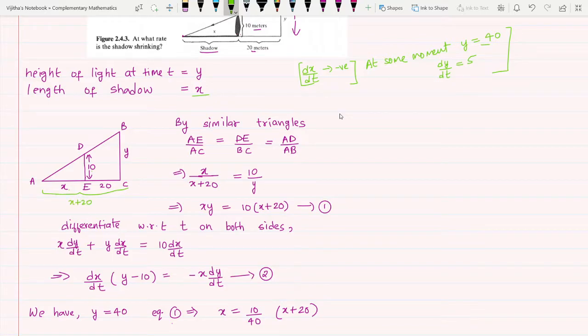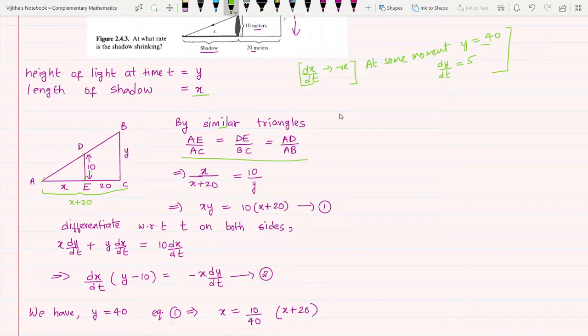We know by similarity rules of triangles that the ratios of similar triangles are proportional. That is AE by total length AC will be the same as DE by BC, and the ratio is again the same as AD by AB. This we have from similar triangles.